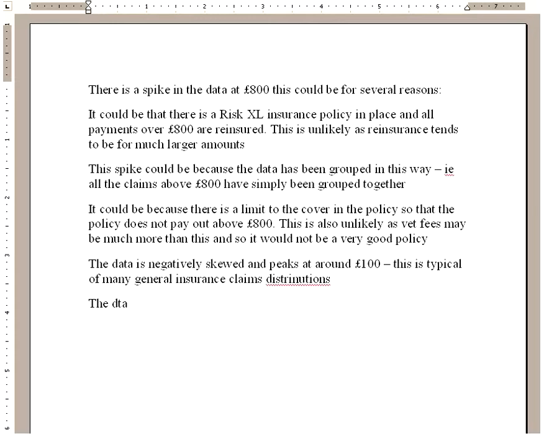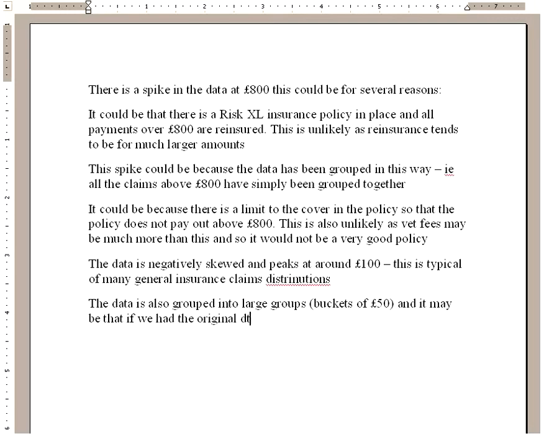However, the data is also grouped into large groups, buckets of £50, and it may be that if we had the original data, we would be able to fit a better loss distribution.